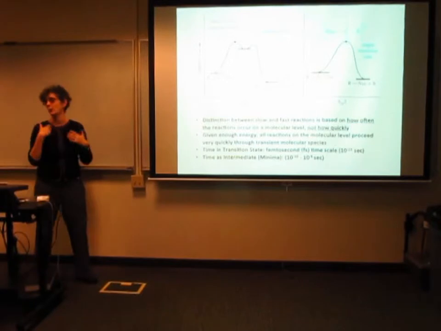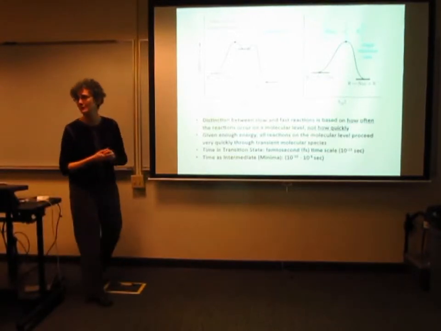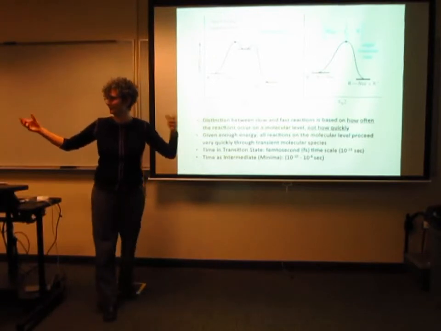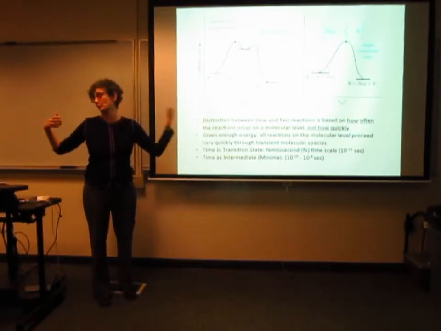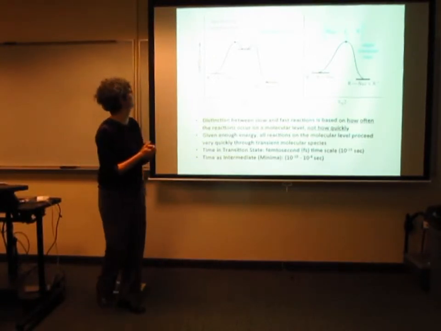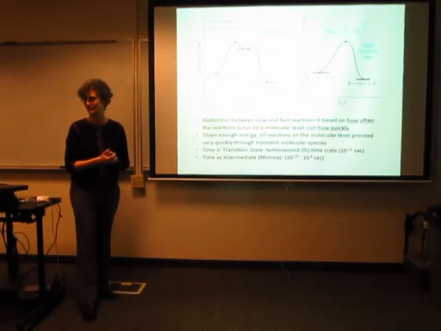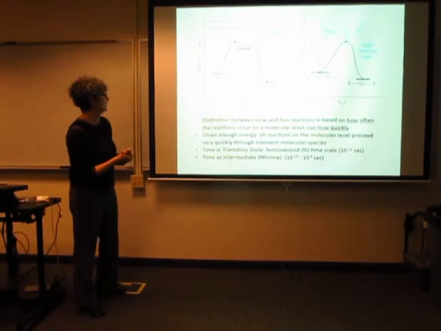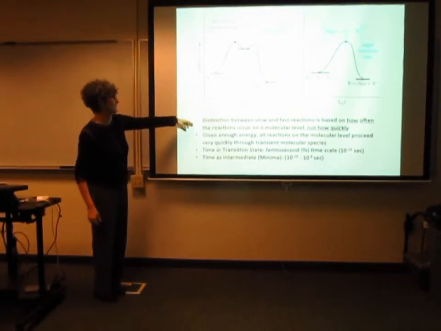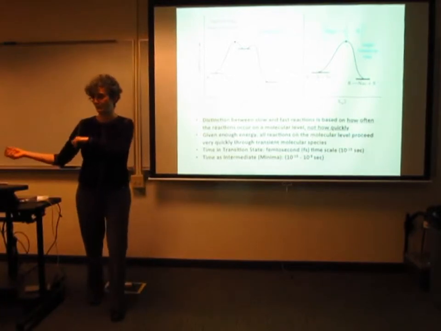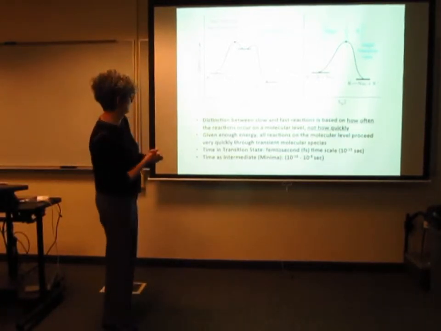So this is really what I'm interested in. I'm not really interested in the real-time aspects of the science, of going from starting material to product, whether fast or slow. I'm interested in the intermediate things that exist for incredibly short amounts of time. So one thing that is kind of interesting about this, we think about it as being fast or slow, something going quickly or going slowly.